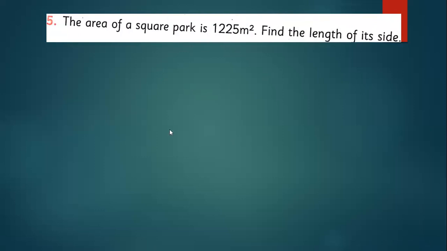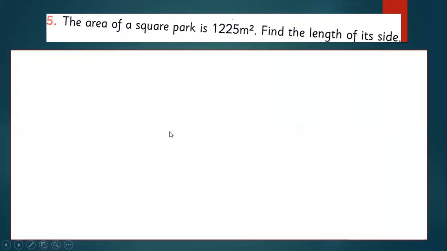Do you know square in figures, shapes? Anybody knows?